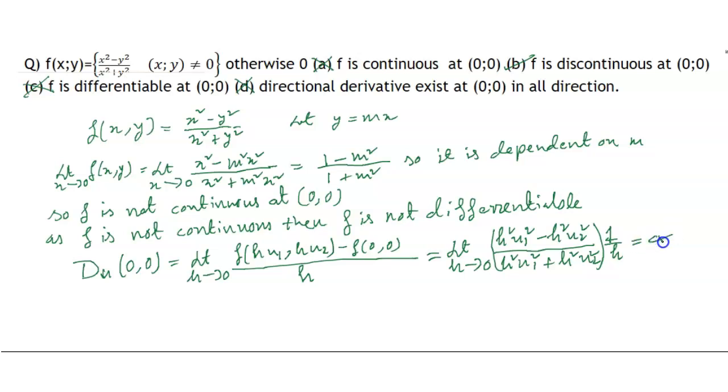That is infinity. So friends, we get this value is infinity.